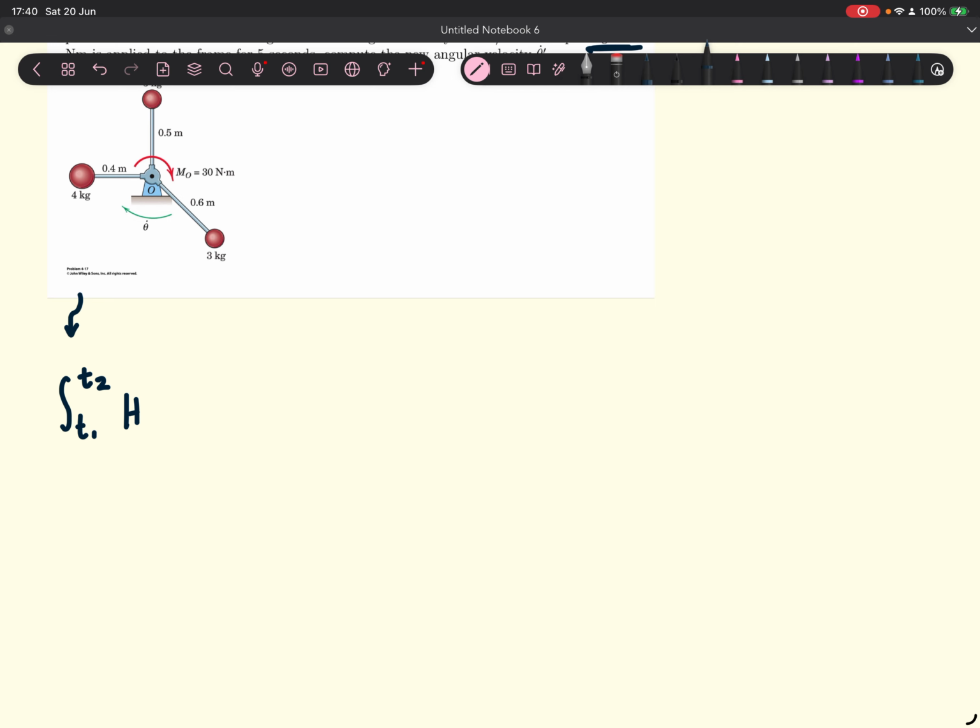If we were looking at the angular momentum about point O, which we are in this case, then the integral from t1 to t2 of HO dt is equal to the integral from t1 to t2 of the sum of moments about that exact same point. So these 2 points have to match each other, and then we integrate with respect to time.